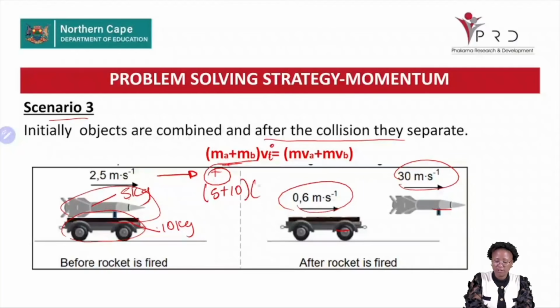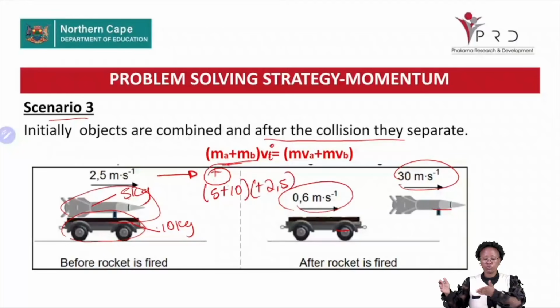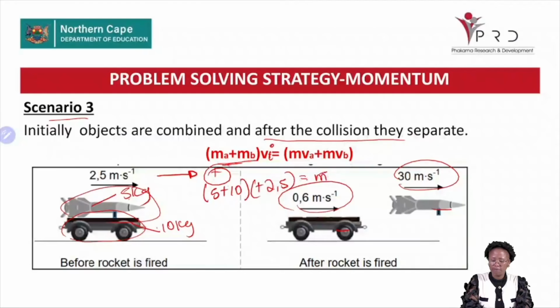They have an initial velocity of positive 2,5. Why positive? Because they are going to the right-hand side. Then equals to, I separate them. Then I have the mass of 5 kg multiplied by positive 30, and then plus the mass of 10 kg multiplied by the 0,6.